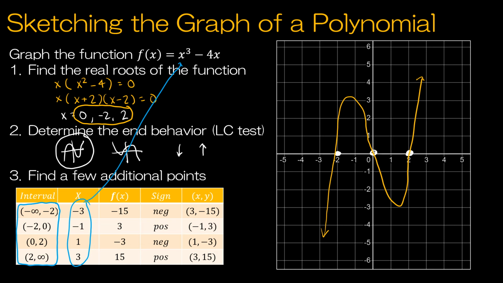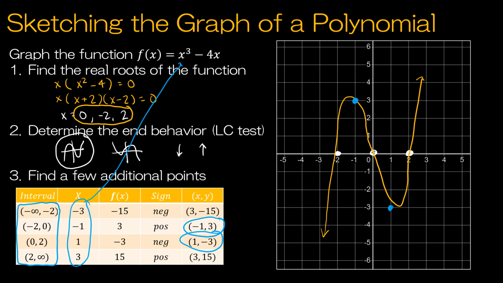If I plug in negative 1, I get positive 3. If I plug in positive 1, I get negative 3, and positive 3, I get negative 15. So that tells me that the point negative 1, 3 is right here. Hey, I did pretty well. And the point 1, negative 3 is right here.